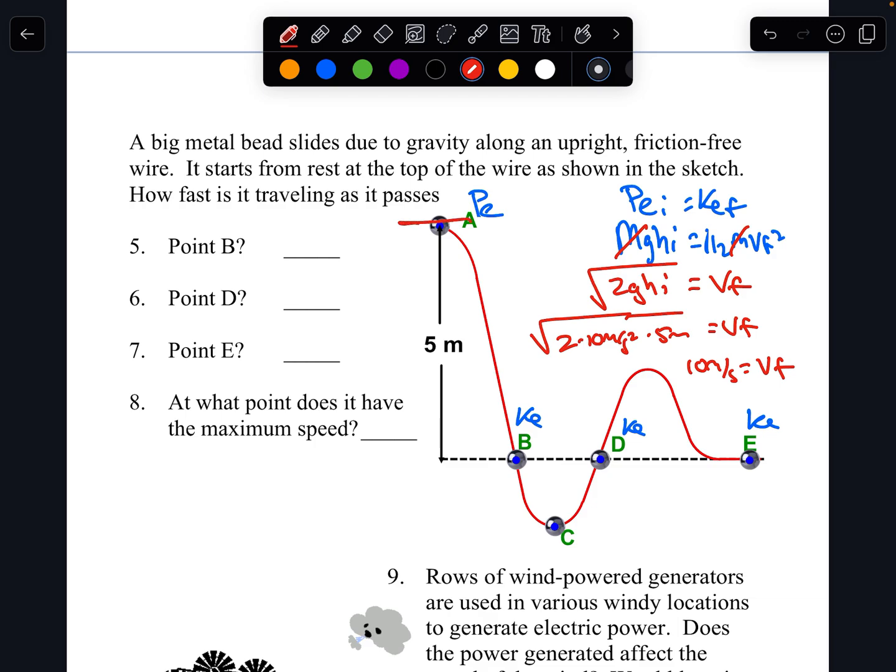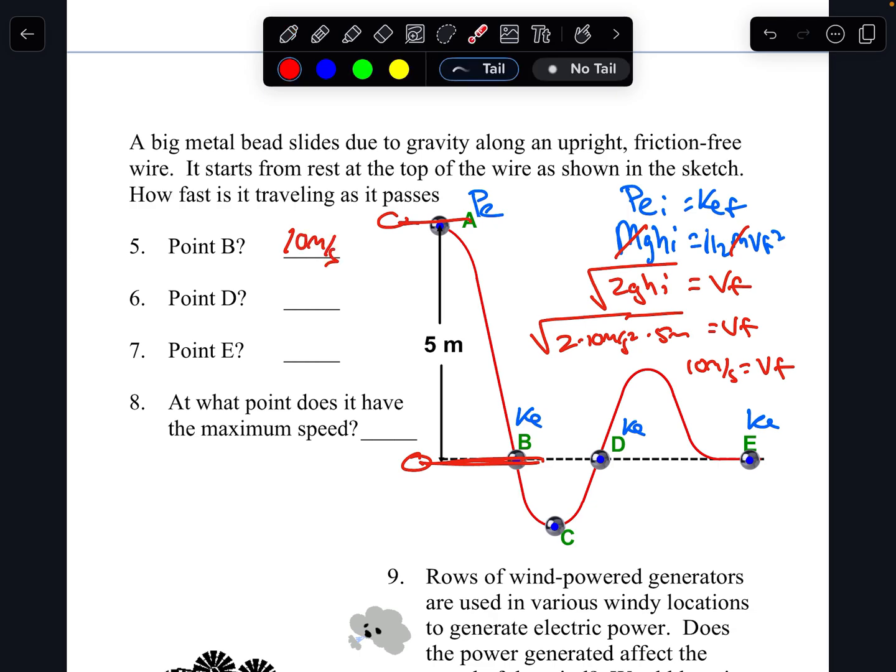So when our bead falls from the top to this position here, it goes from all potential to all kinetic. Again, we're defining this as our 0 position. We can define it however we want.